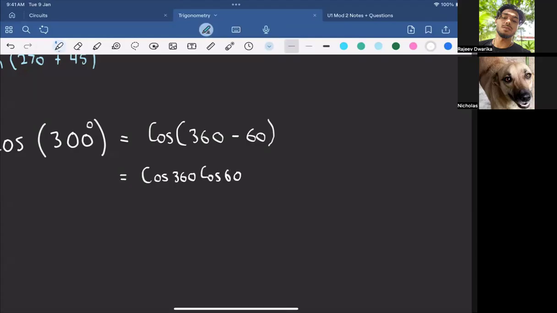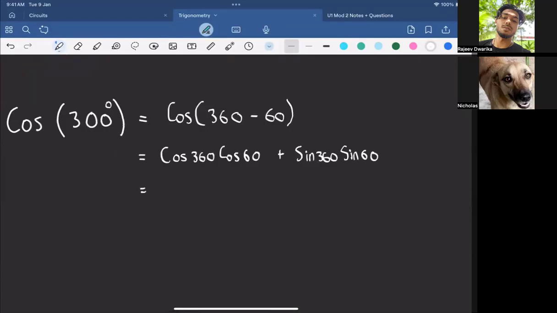One thing: since we're minusing the angles, what sign do I have to put here? Addition sign. So cos 360 cos 60 plus sine 360 sine 60.